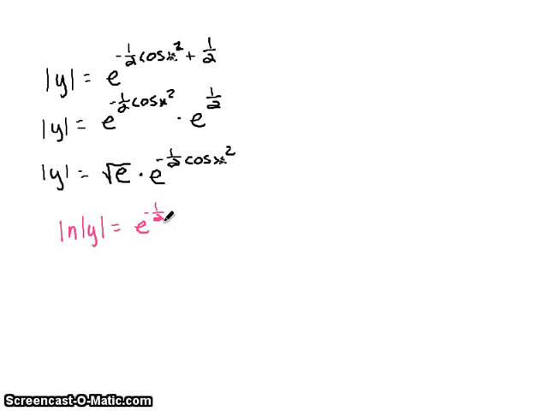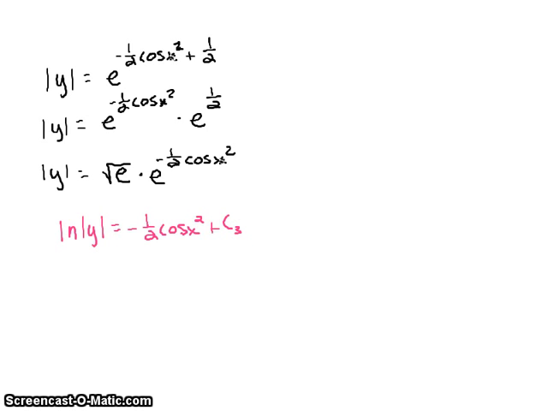Oh, sorry, we don't have e at this step. I apologize. Let's get rid of that. At this point, we still just had negative 1/2 cosine x squared plus c3.